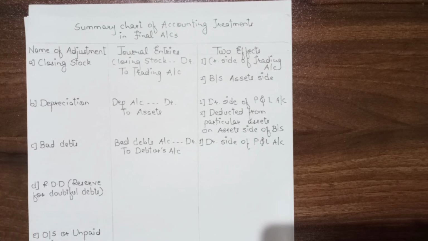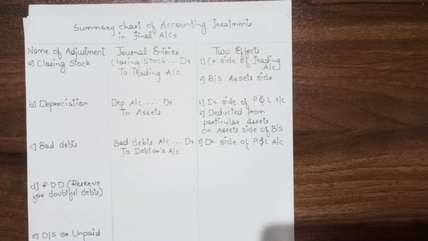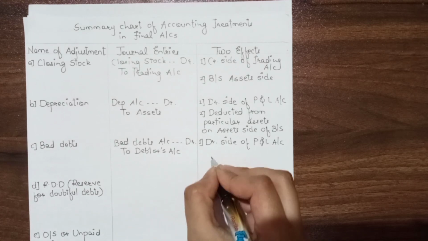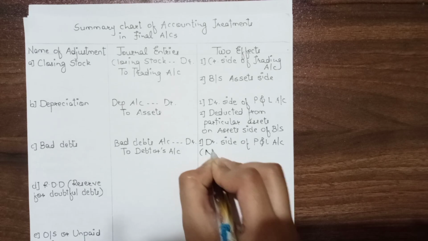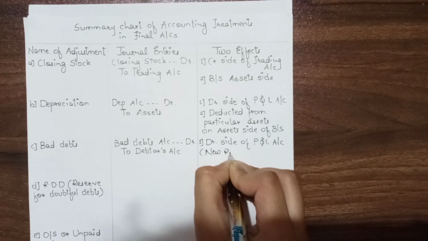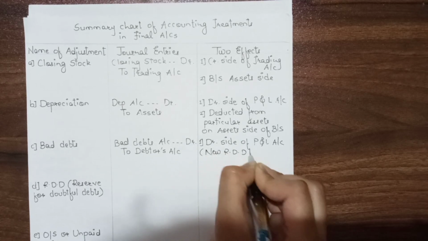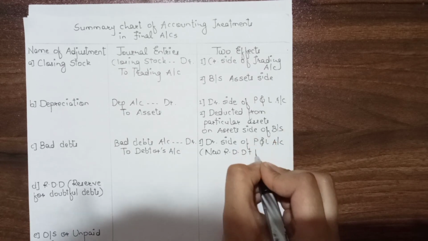So this bad debts, that is old bad debts of the question, you have to add in the new RDD. So I will write here: new RDD plus bad debts.